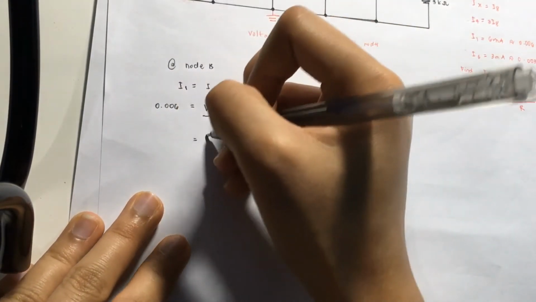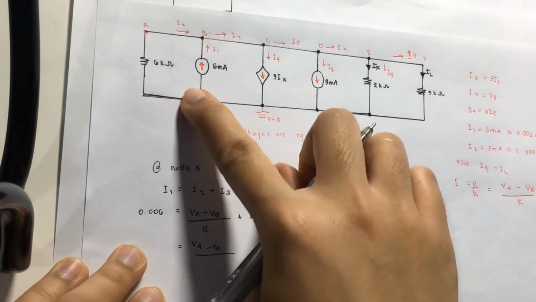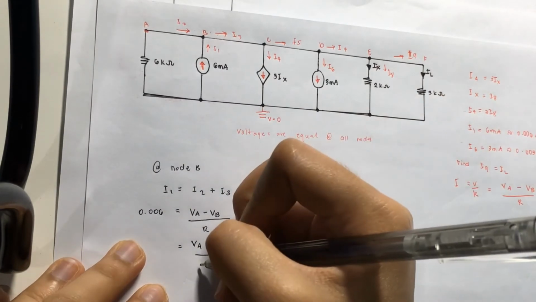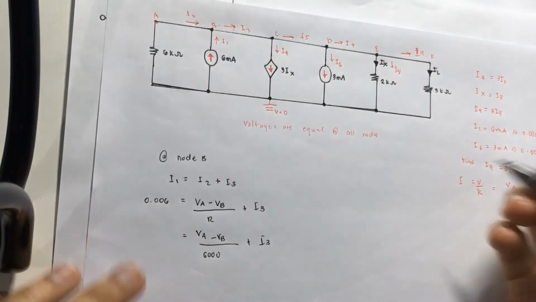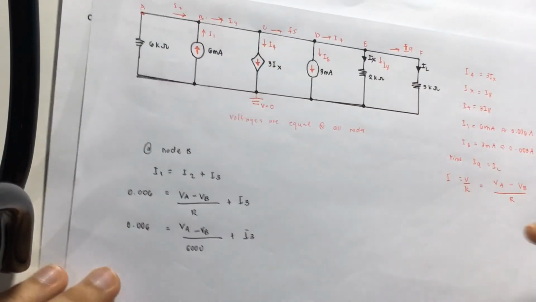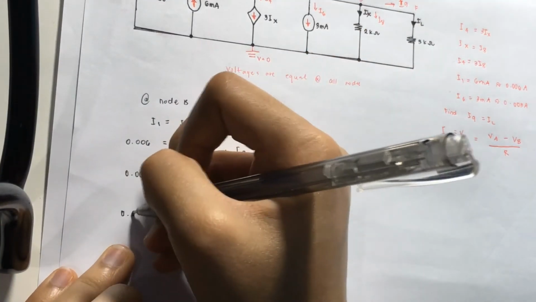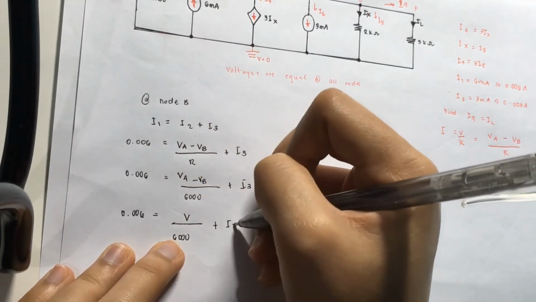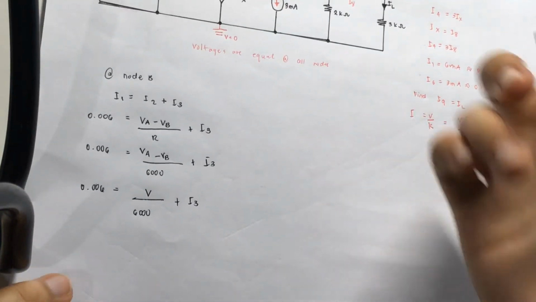And we know that the resistance connected to I2 is 6 kilo ohms or 6,000 ohms, plus I3. Later we simplify V over 6,000 plus I3. Later on we will use this to substitute to get the values.